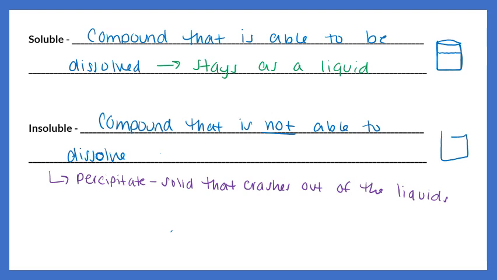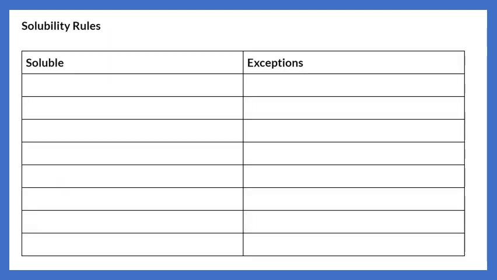Insolubles, you've got your beaker or cup, you've got your liquid, and it has crashed out. Okay, good. All right, now there are a few rules that you must learn, and you must have them memorized. So solubility rules. These are going to be compounds that are typically soluble. They are able to be dissolved.